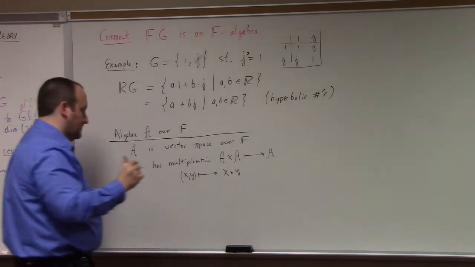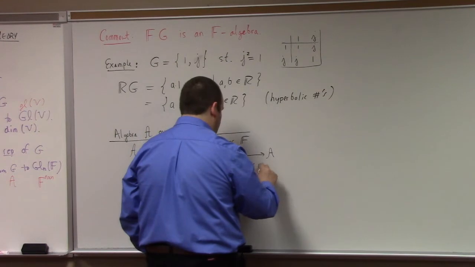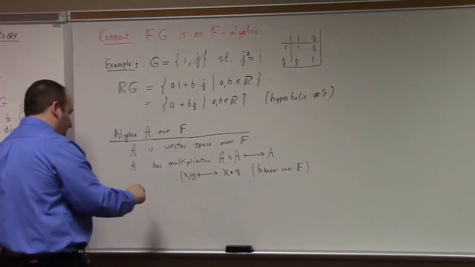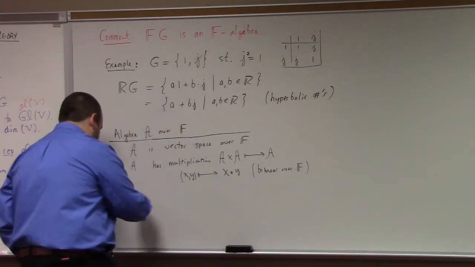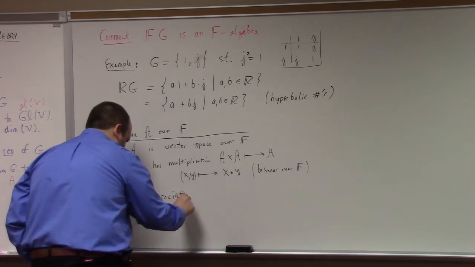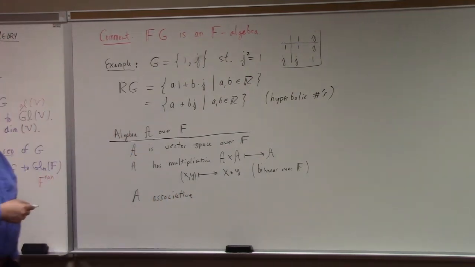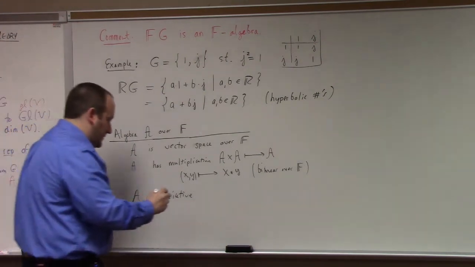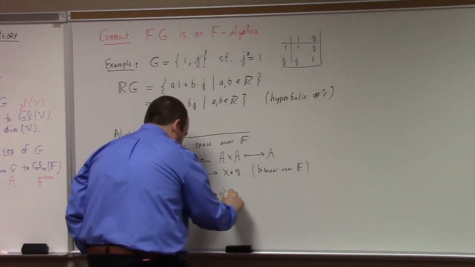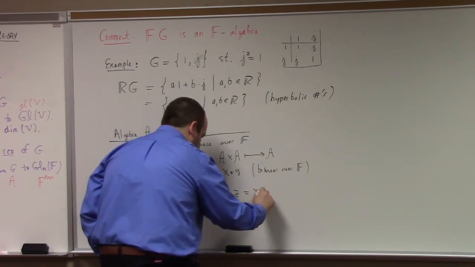So, say bilinear over F, yeah? And then, now this is extra, but A is associative. Sometimes that's an extra condition, but A associative means what? It means that (X star Y) star Z is equal to X star (Y star Z).